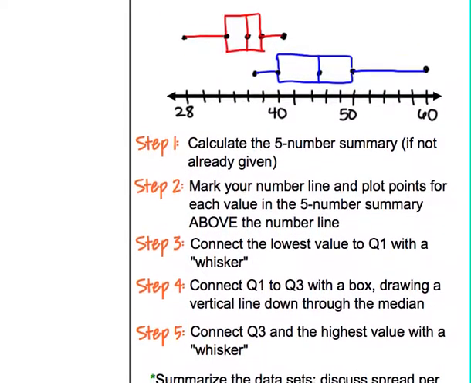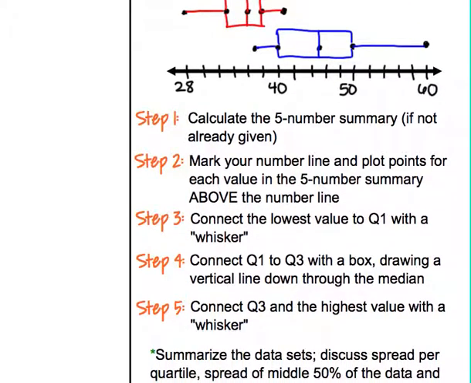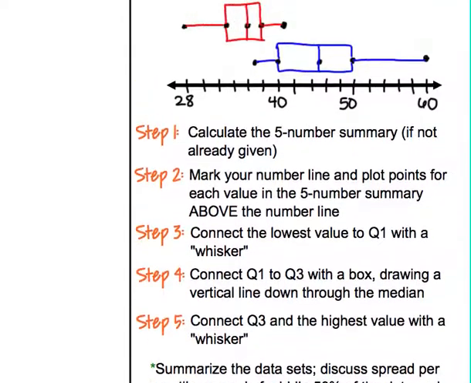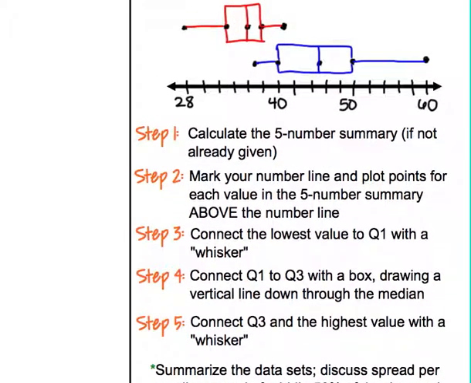And so now what we're asking you to do is to summarize the data set. Describe the spread per quartile, the spread of the middle 50% of the data, and any potential outliers. So as you can see, if I look at the hourly workers, they're all relatively close.